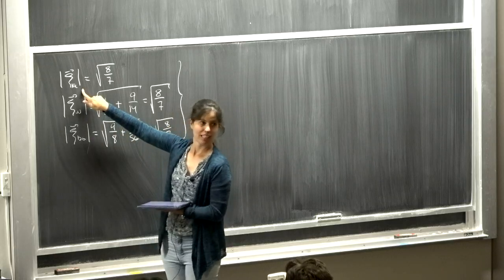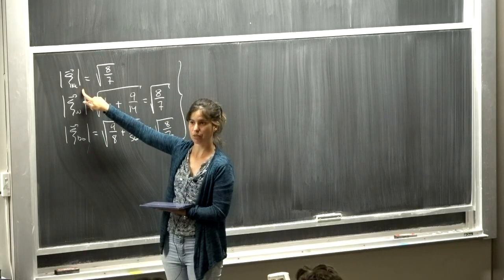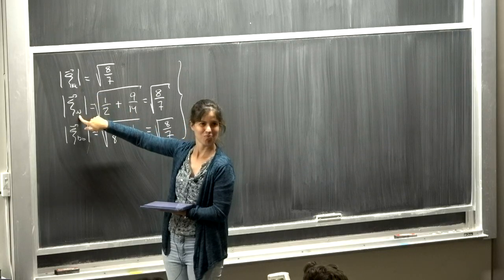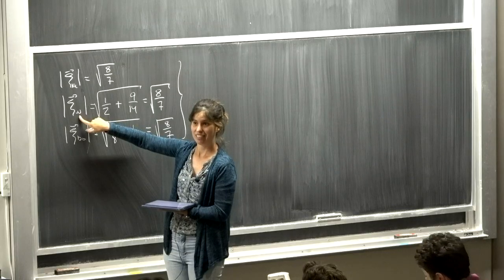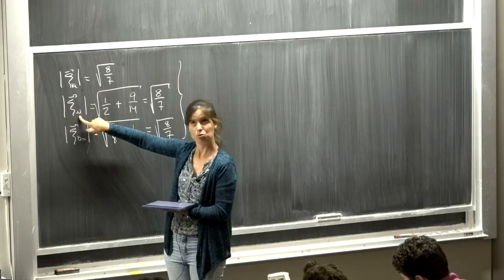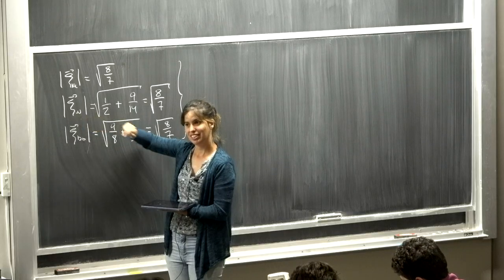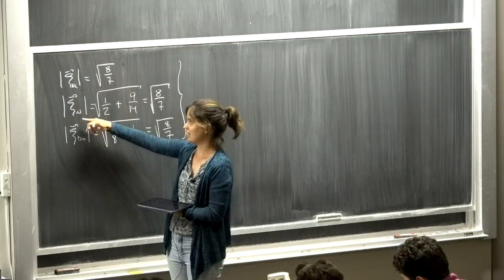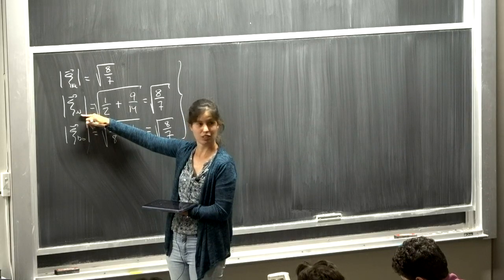This is a Kaluza-Klein tower of decompactifying one dimension, right? We go from 9 dimensions in type 2A to 10 dimensions, right? The winding modes, if you have studied T-duality when you study string theory, you can see that type 2A on a circle is T-dual to type 2B on a circle, in which if the circle is small in one case, it's large in the other. So precisely the winding modes of type 2A correspond to Kaluza-Klein towers of type 2B.